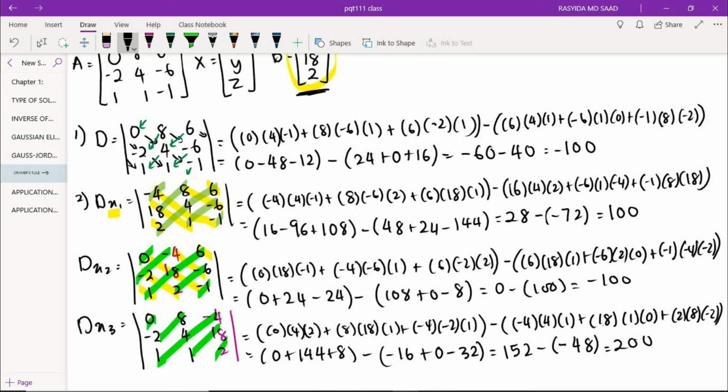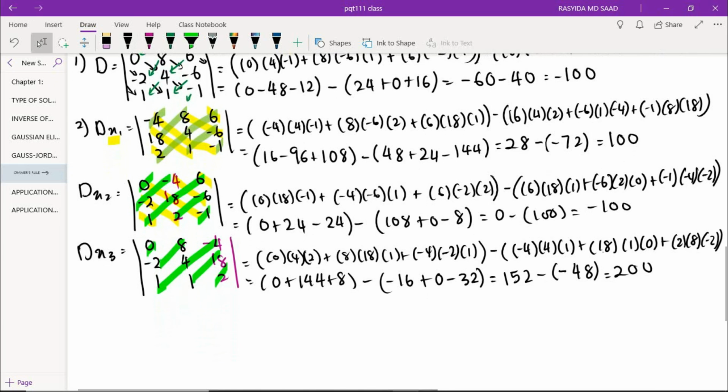Okay, this one you already get the value for dx1, dx2 and dx3. So for the next step, we need to find the value of x1, x2 and also x3. Remember, oh sorry, for this case, since right now we use x, y and z, so it will be x, y and z.